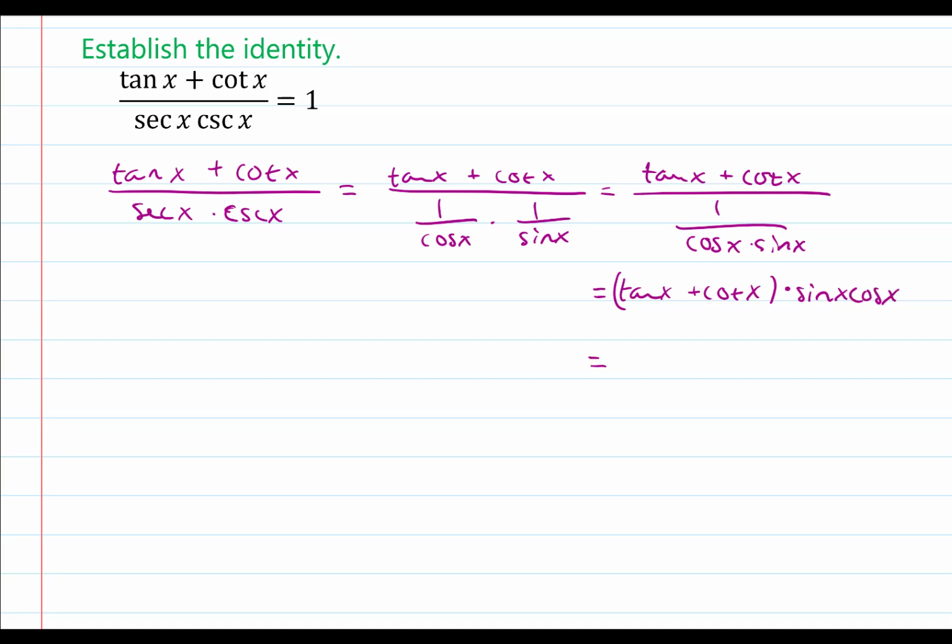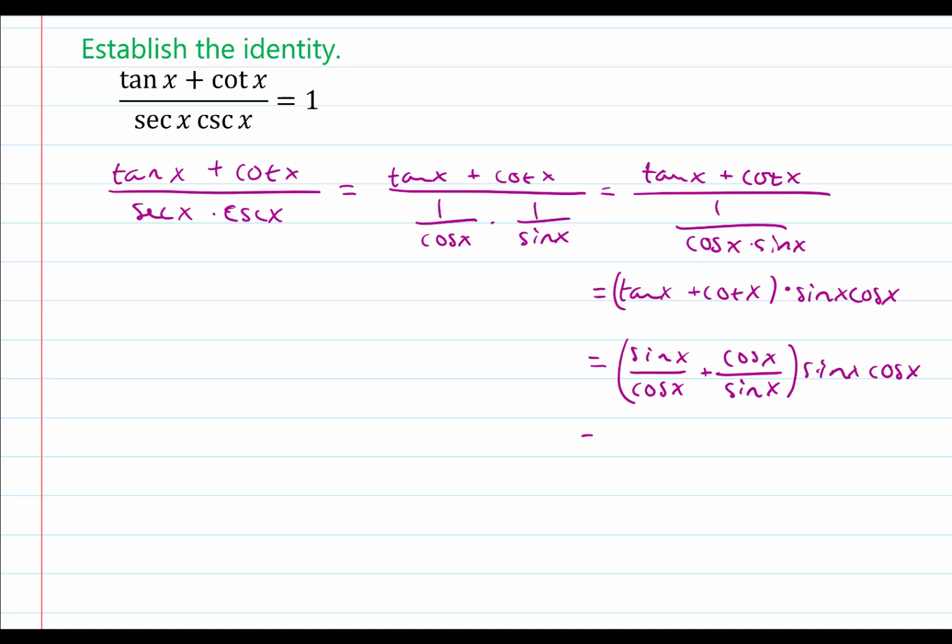I'm now going to apply the quotient identities and replace tangent of angle x with sine of angle x over cosine of angle x, and cotangent of angle x I'm going to replace with cosine of angle x over sine of angle x. Still, all of that times sine of angle x times cosine of angle x.